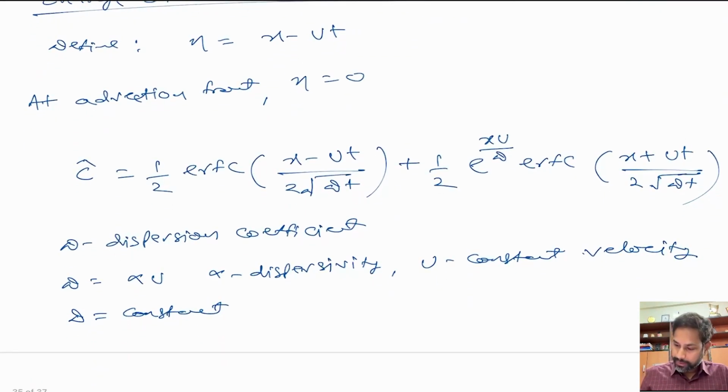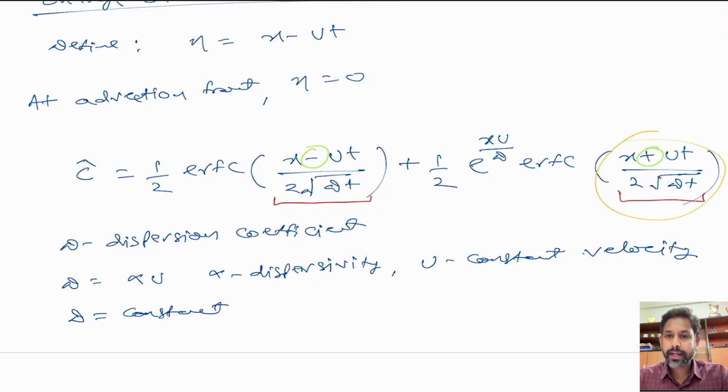So what you can see is that this has this particular function inside the error function, and here you will see there is this minus sign, whereas there is this plus sign here. So what actually it means is, with increasing time, the second term or value inside will keep increasing, whereas here the influence of ut will continuously decrease.